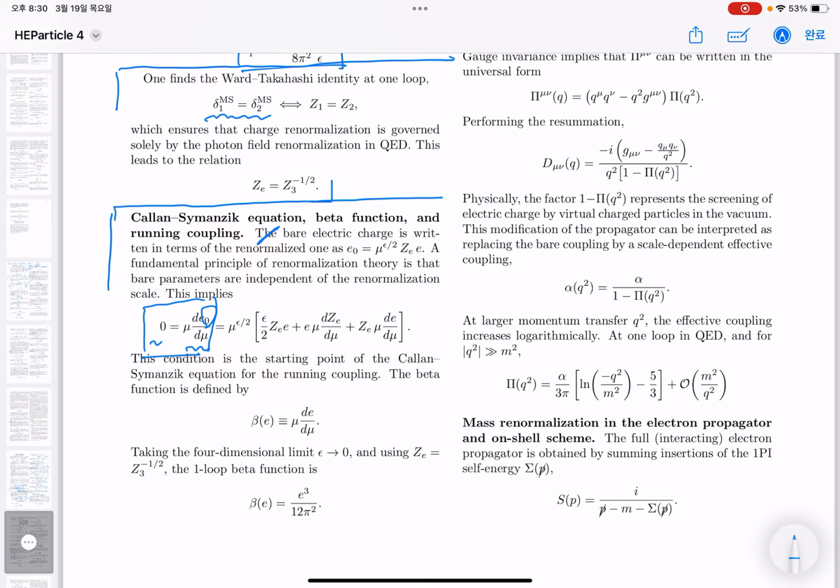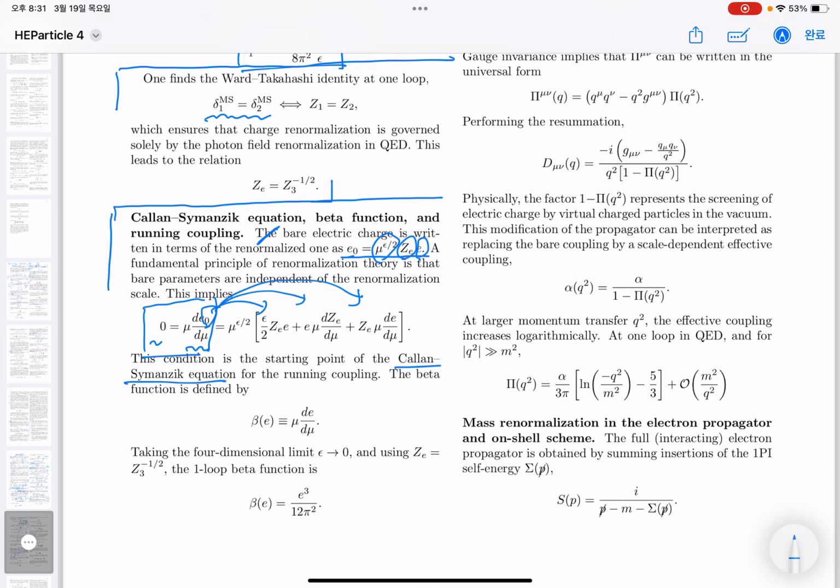But this bare coupling can be decomposed into the renormalized coupling, the renormalization constant, and some dimensional part. So the differentiation is now decomposed. And this is the starting point of the Callan-Symanzik equation, or the RG equation.